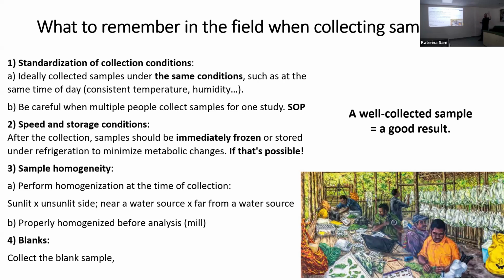big problem. I have big changes of temperature and humidity. Maybe the biggest problem is multiple people collecting samples for one study. Typically, if I measure the samples from a study with this problem, we very nicely separate the data based on the people, not on the treatment.